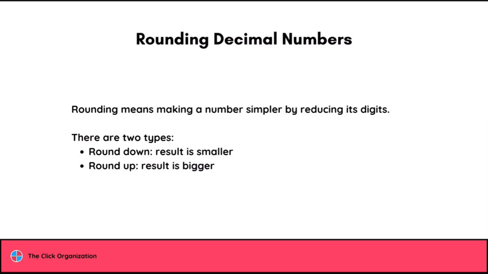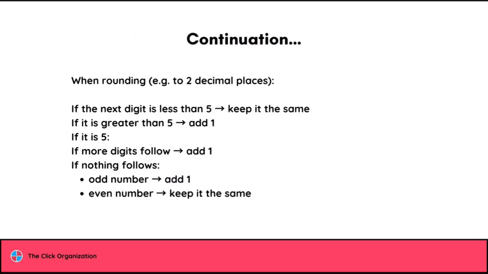And that is basically called rounding or rounding off. There are two types of round off, which are round down, in which the result is smaller, and round up, in which the result is bigger. So this is what rounding is, and now how to do rounding.